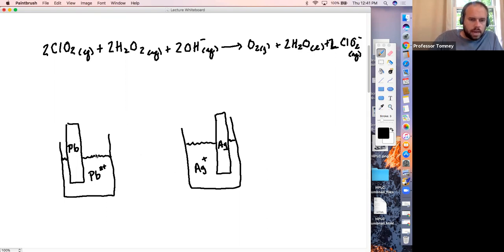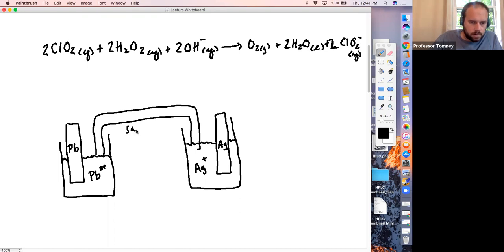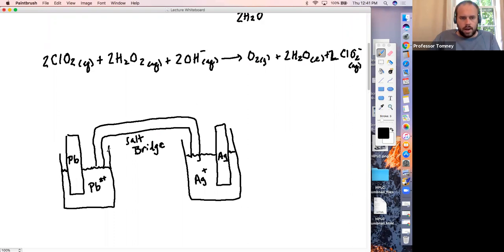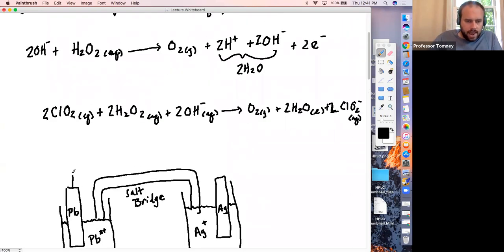All right. I need to make sure that I add a salt bridge that's going to connect the two. Again, doesn't really matter what salt you pick out. You could have potassium chloride, like our previous example, sodium chloride, but you need some sort of salt bridge that's present. And that's in order to help with the charge buildup. All right, and we need to connect the electrodes through a general wire. And you don't need to get fancy at all.